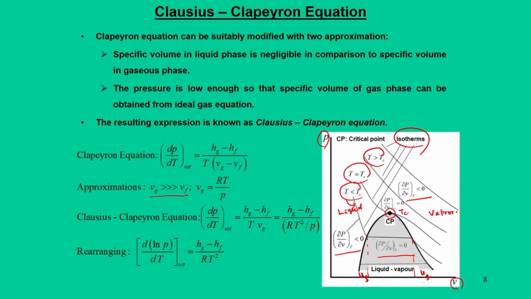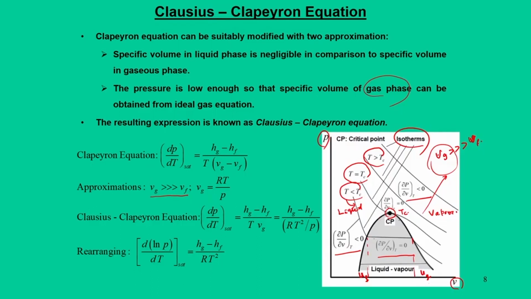And if you are going to the higher pressure side, that means if you are somewhere in this zone where Vg is much greater than Vf, it means we are approaching the gas side. So whatever the gas phase is, now it can be approximated as an ideal gas model.